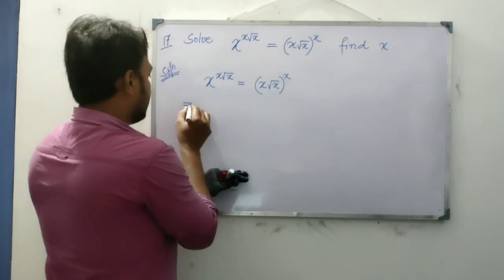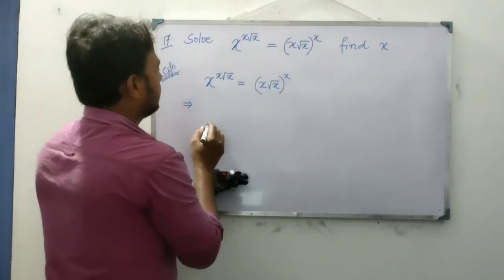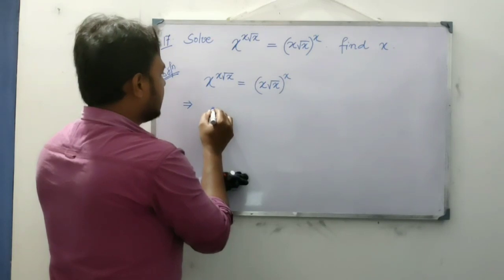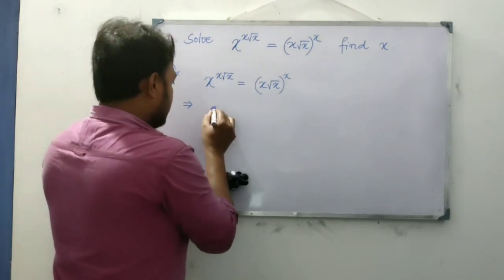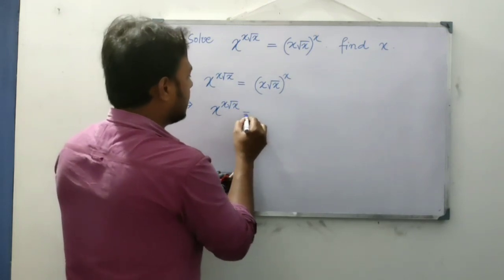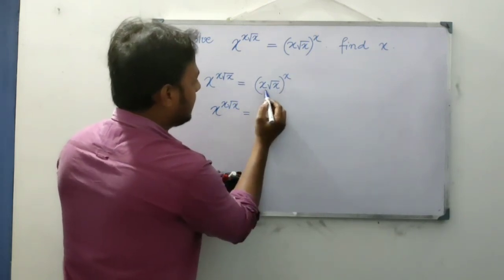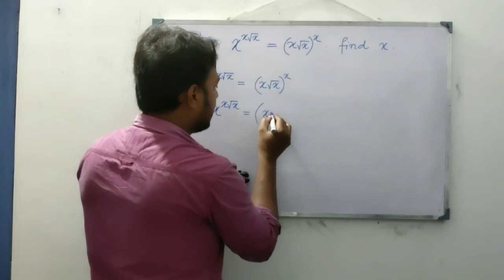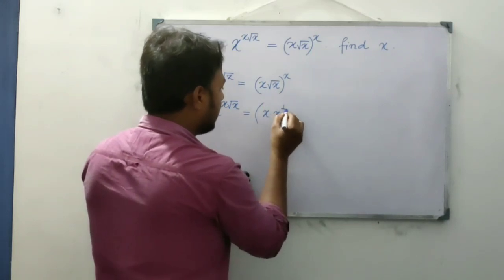So it is x to the power x root over x equals to this part: x root over x can be written as x, and root over x can be written as x to the power half.